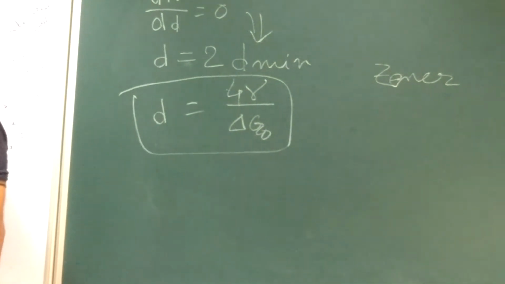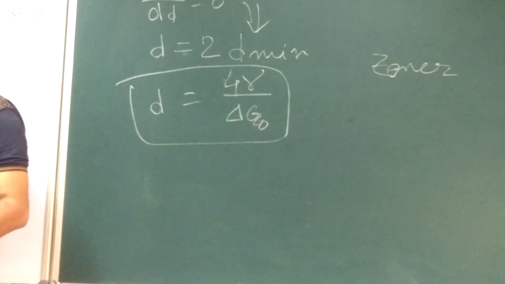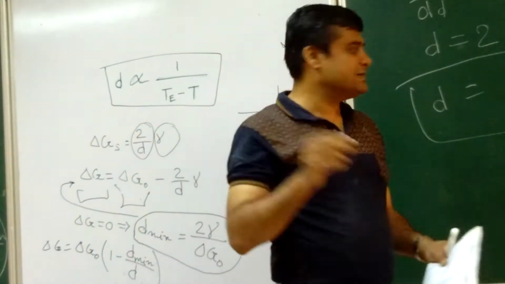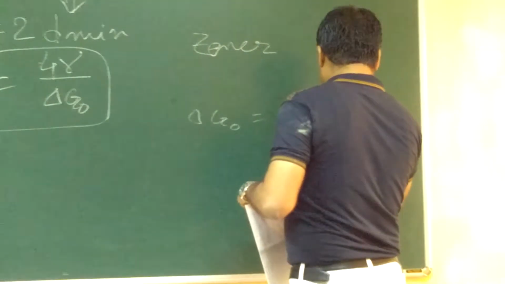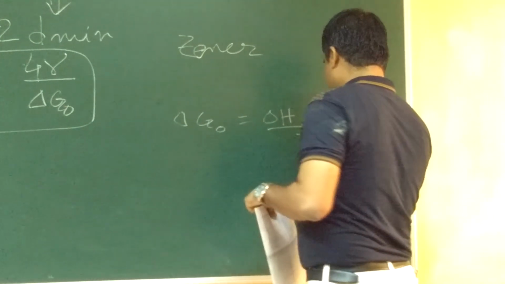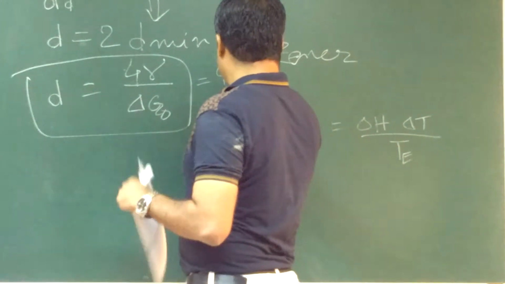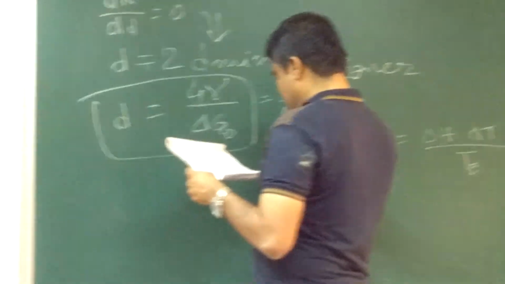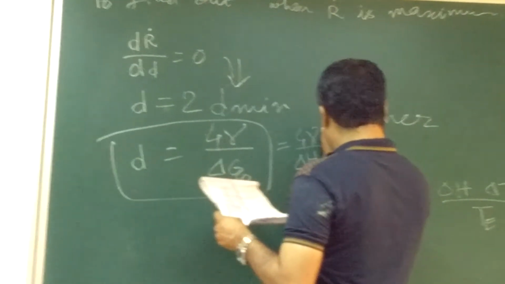If there is no interface, if this product has to form, then the thermodynamic Gibbs energy change is nothing but delta H. So delta G naught is nothing but delta H multiplied by delta T over T. So this is 4 gamma over delta H times (Te minus T) over Te.